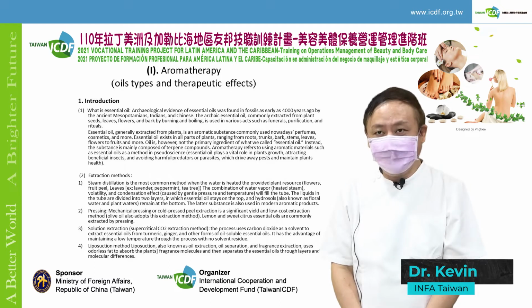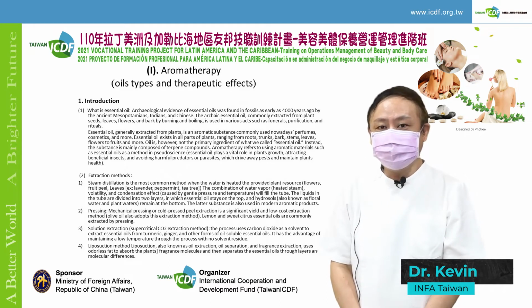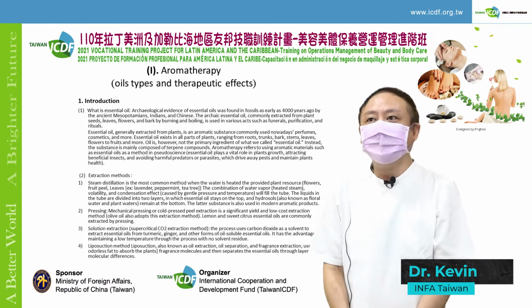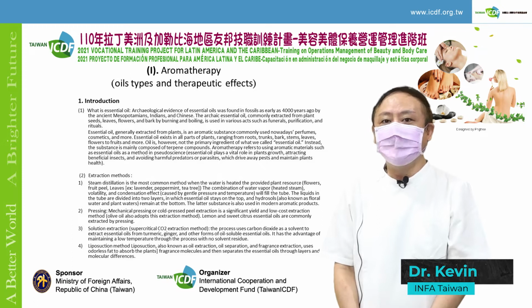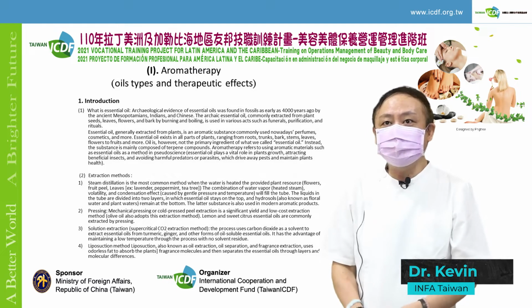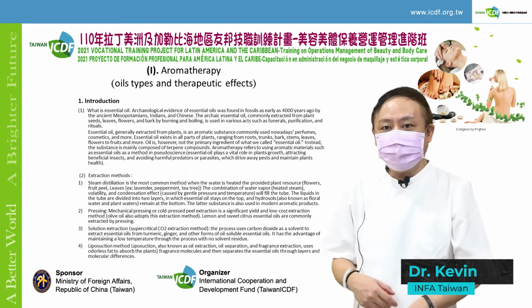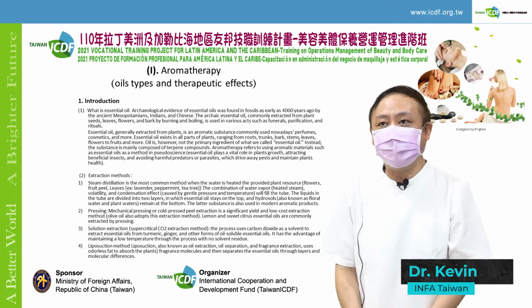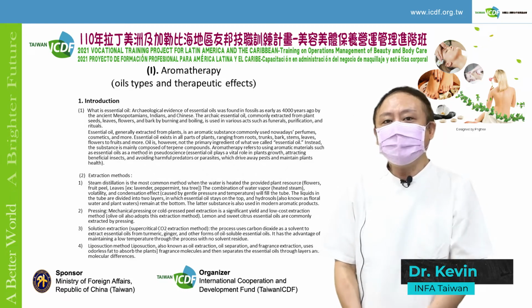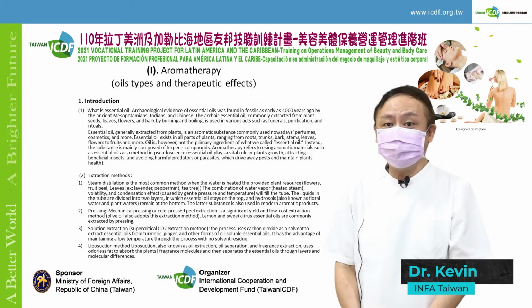So essential oils were found 4,000 years ago in ancient Mesopotamians, Indians, and Chinese people. What they have realized, they can get oil from seed, leaves, and flowers and bark by burning and boiling. They have noticed a very good sense.